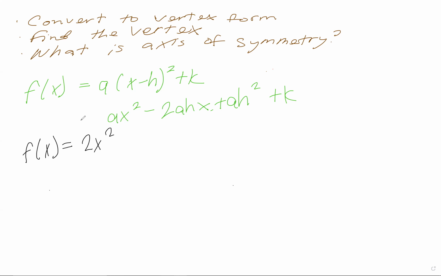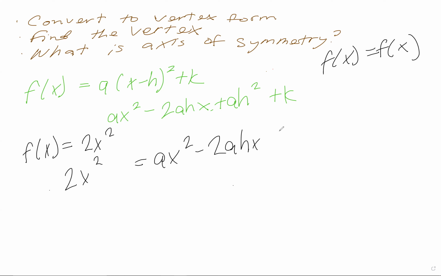We know that f of x is equal to 2x squared, and f of x is also equal to whatever this is. So you want to set them equal to each other: 2x squared is equal to ax squared minus 2ahx plus ah squared plus k.